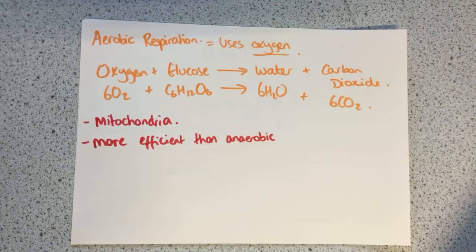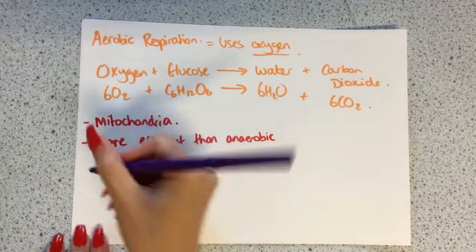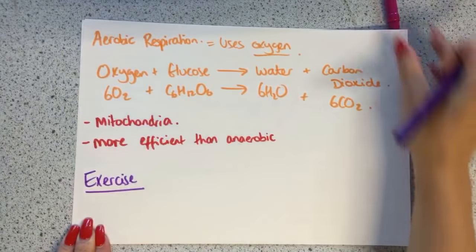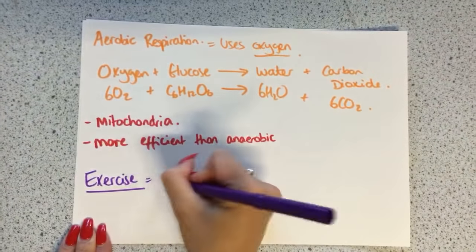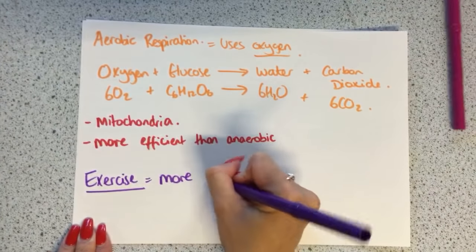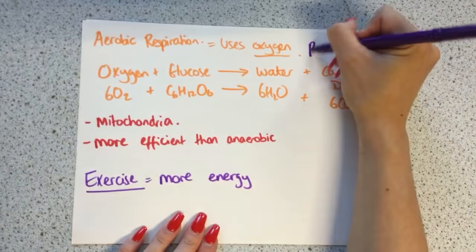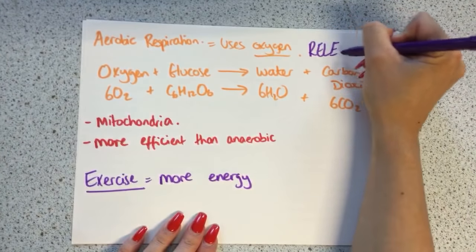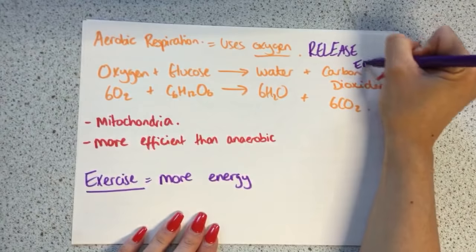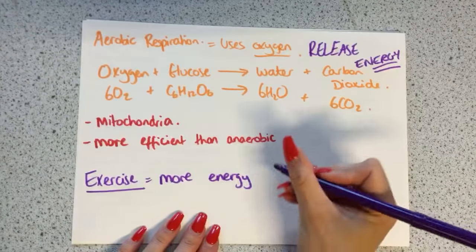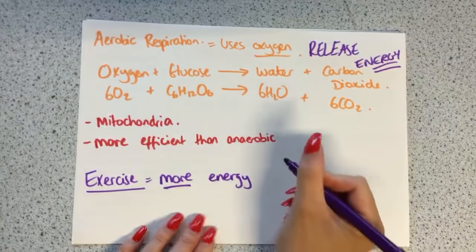So if you are then asked about what happens during exercise, basically everything just increases. You are going to need more energy. So remember, the whole purpose of respiration is to release energy. So exercise, you're going to need more energy.